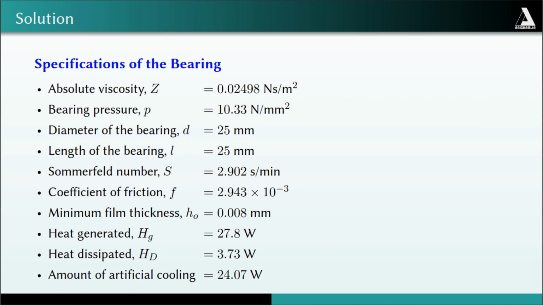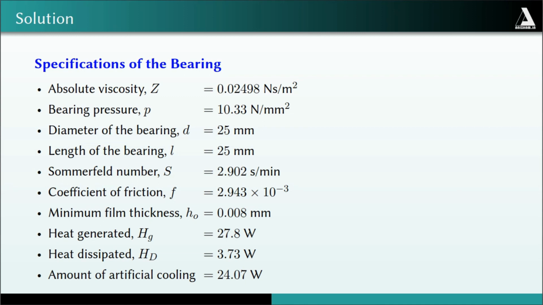Now, to summarize the specifications of the bearing, the absolute viscosity Z is 0.02498 Newton second per meter squared. Bearing pressure P is 10.33 Newton per millimeter squared. Diameter of the bearing D is 25 millimeter. Length of the bearing L is 25 millimeter. Sommerfeld number S is 2.902 seconds per minute.